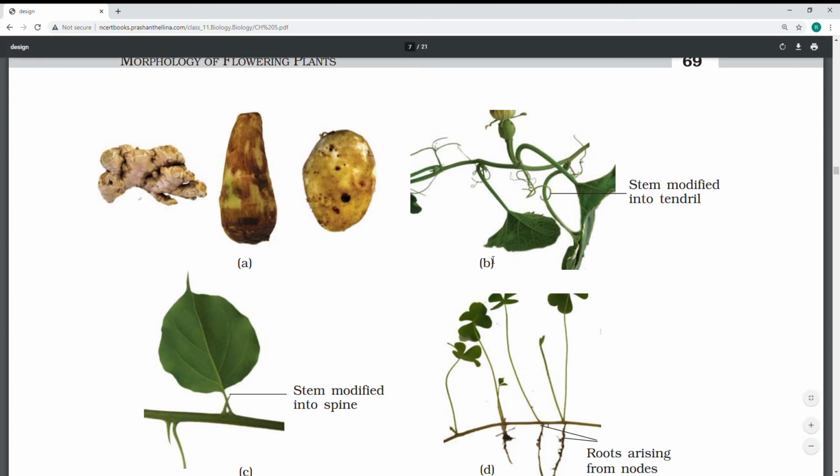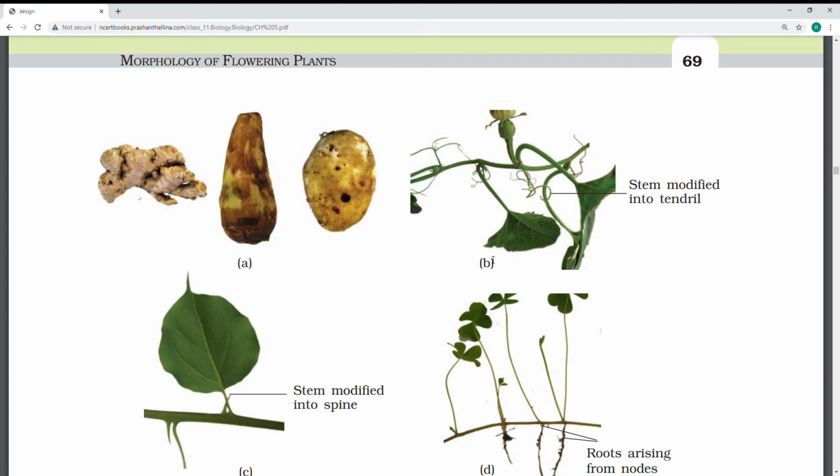The next portion is aerial stem modifications, which are the tendrils. See the weaker portions here in this plant, the stem modified into tendril. Tendrils are annuals, which means they live only within a year and do not last for a long time. Here there are spines, and even from nodes roots are coming.